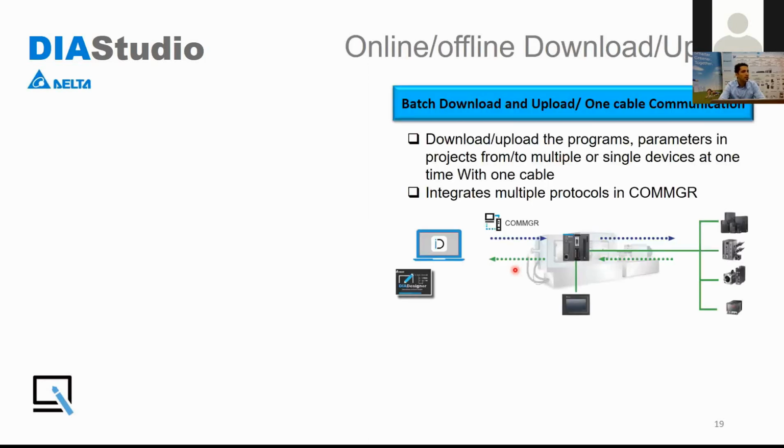Online, offline, download and upload. Let me talk about these two. This is something useful. We have one download and upload manager. It allows us to download the whole project in one time to all devices, so it is kind of a batch download.